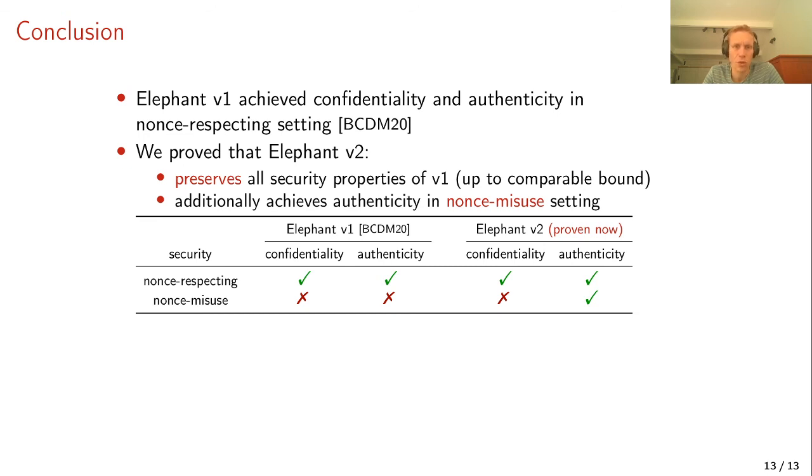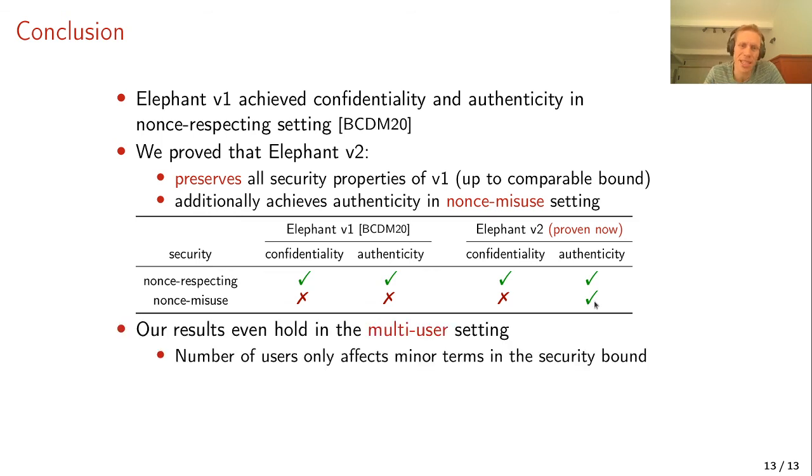So if you put this in a cool table, we have Elephant v1 that achieved confidentiality and authenticity in the nonce-respecting setting. Elephant v2, as we proved now, achieves confidentiality and authenticity in the nonce-respecting setting, and in addition it achieves nonce misuse security. And finally, these results hold even in the multi-user setting, where the number of users, as a matter of fact, only has a minor influence on the security bound.